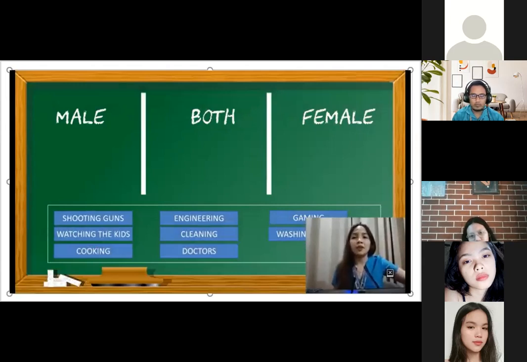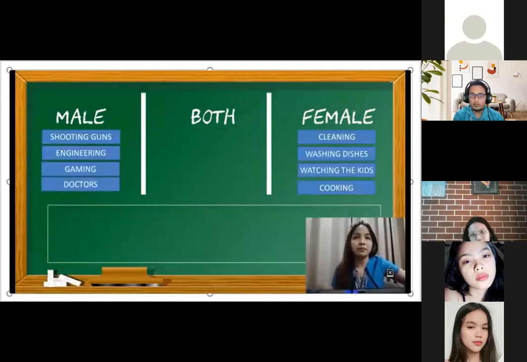If you answered this way, male: shooting guns, engineering, gaming, doctors; female: cleaning, washing dishes, watching the kids, and cooking, then you actually believe in the masculinity ideology, and I will discuss that later on.